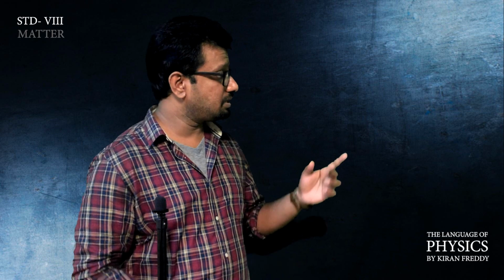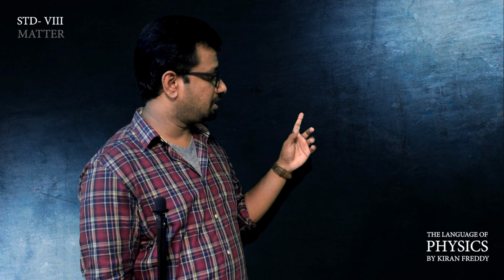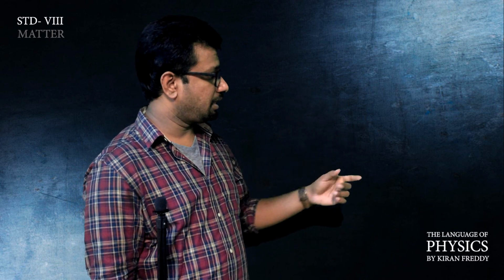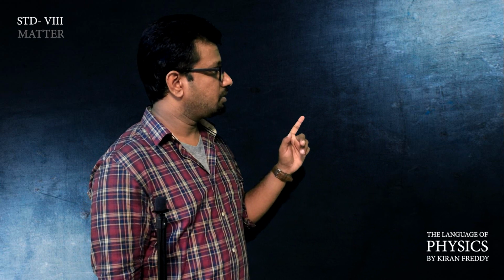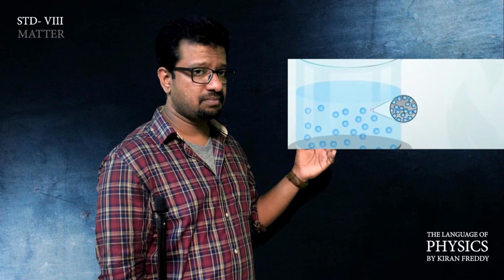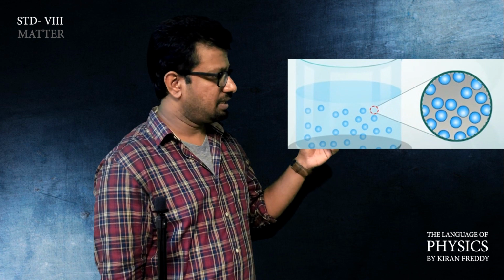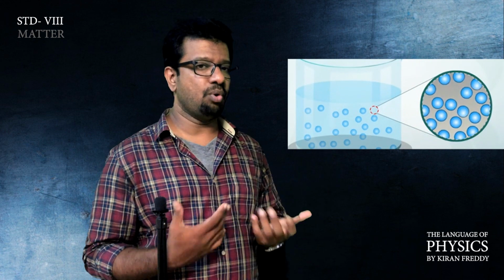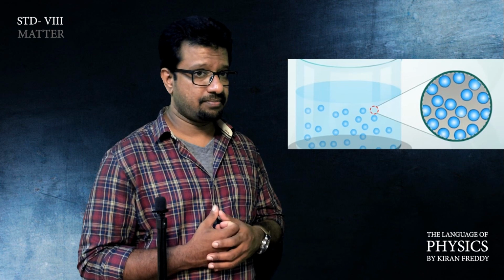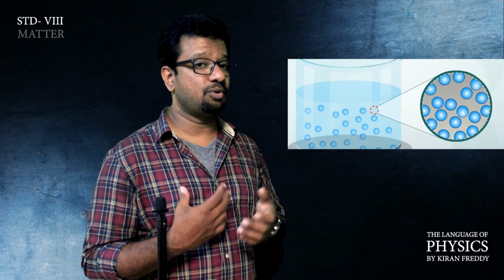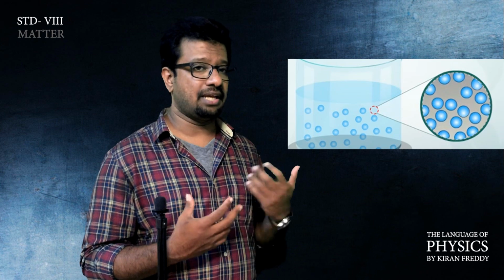Then what about the second part? In this picture, it's showing a representation of particles in a liquid. What can you understand from this about the spacing? You can understand that the spacing is more in comparison with solids. The intermolecular spacing is more than that of solids.